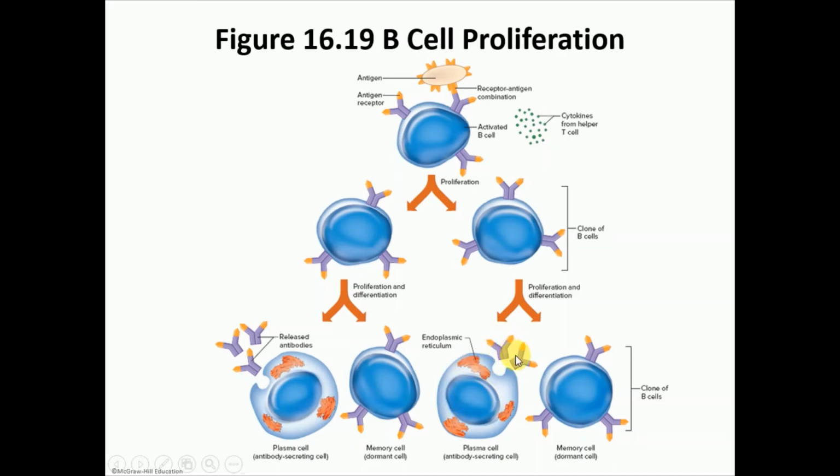Now these antibodies are going to go ahead and attack the antigen, while other parts of the B lymphocytes are going to differentiate into memory cells. These memory cells are dormant and remain in our bloodstream, again becoming part of the immune system for long periods of time, and this is how we become immune if we are attacked by that antigen one more time.